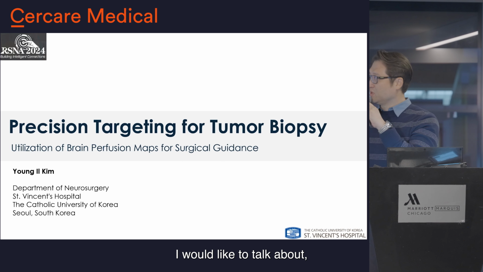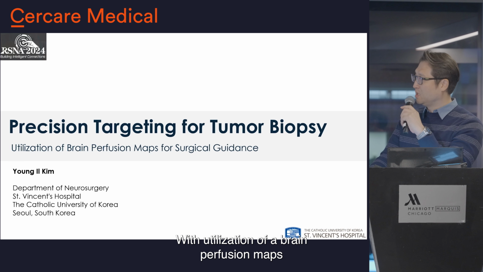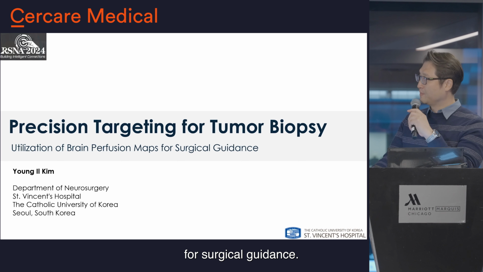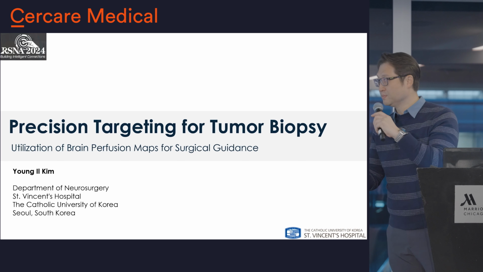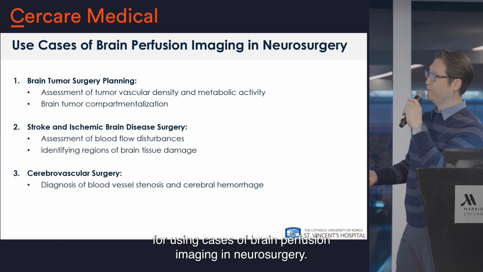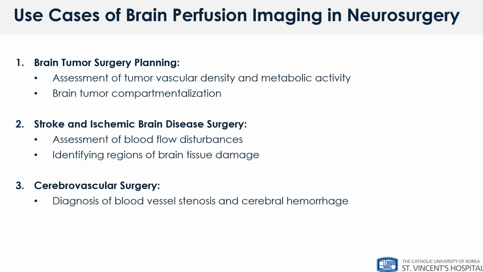I would like to talk about precision targeting for tumor biopsy with utilization of brain perfusion maps for surgical guidance. These are the three main themes for use cases of brain perfusion imaging in neurosurgery.